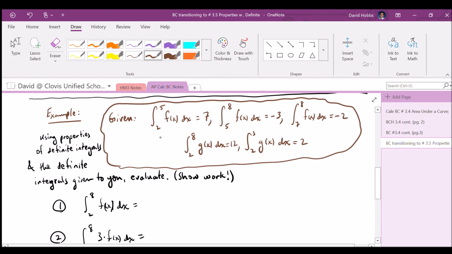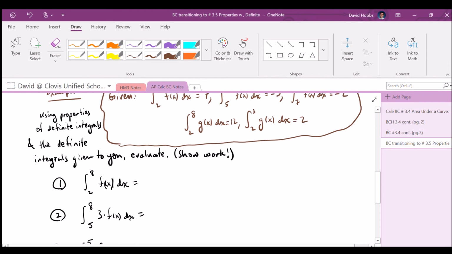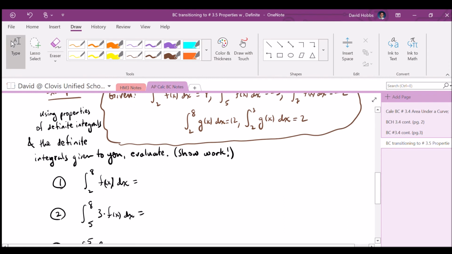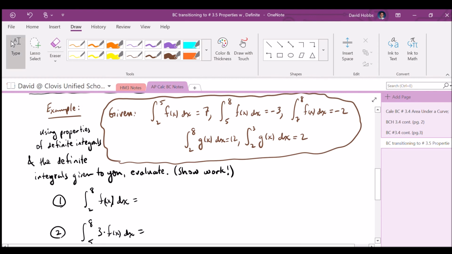Okay, so the top 3 are dealing with a function f of x, and the bottom 3 are dealing with a function g of x. So the definite integral from 2 to 8 of f of x dx. Well, I'm looking here, I see one that goes from 2 to 5, and I see one that goes from 5 to 8.